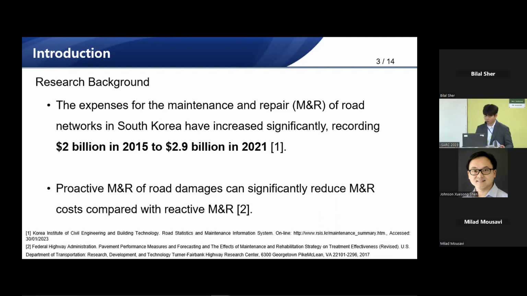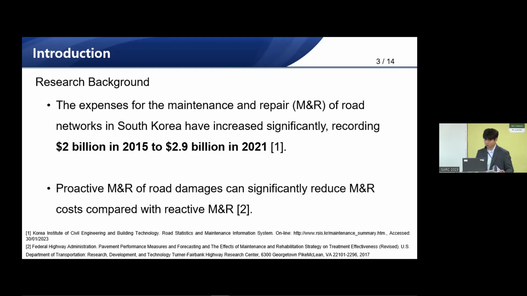Furthermore, previous studies have highlighted the impact of proactive M&R on reducing maintenance expenses. This underscores the urgent need for more efficient monitoring of road conditions, enabling early problem detection and potential cost savings.